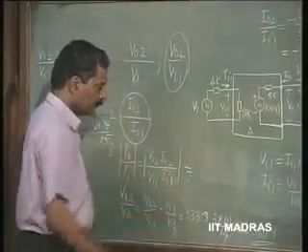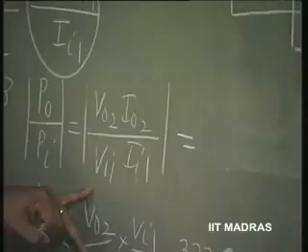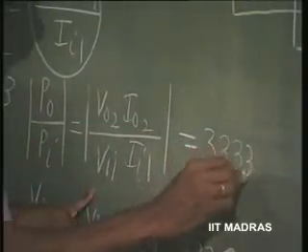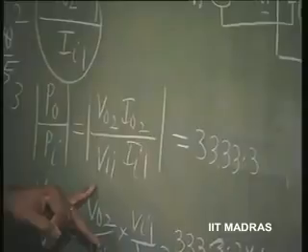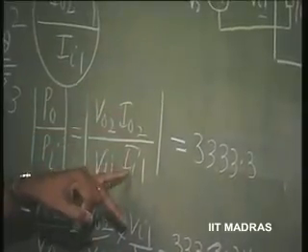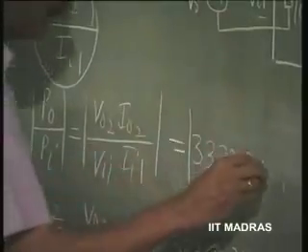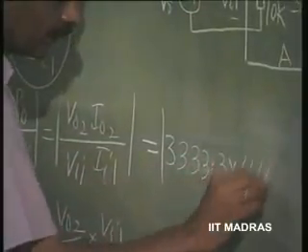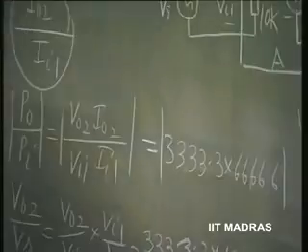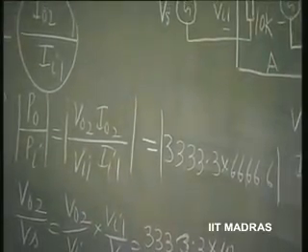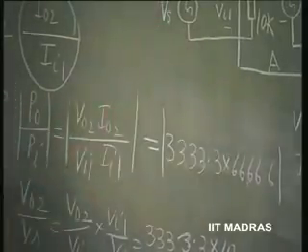equal to the voltage gain V naught 2 over Vi1, which is 3333.3 into I naught 2 by Ii1, magnitude of this. So, this into 6666.6. Okay. This is expressed in decibels, because this is a huge quantity, right.